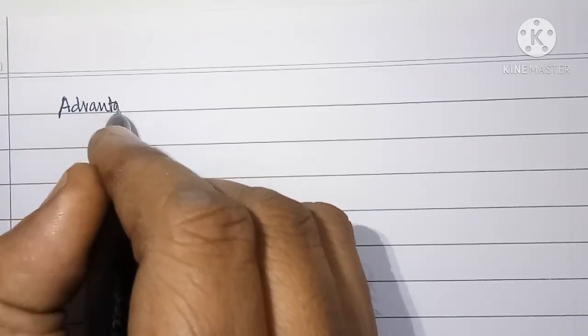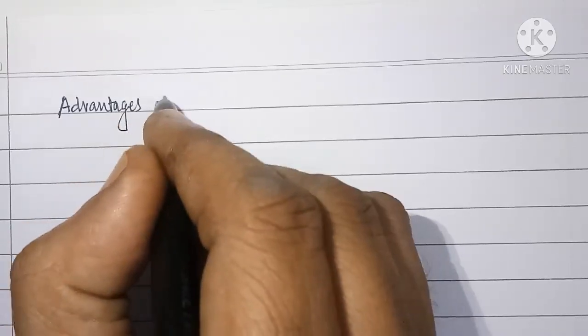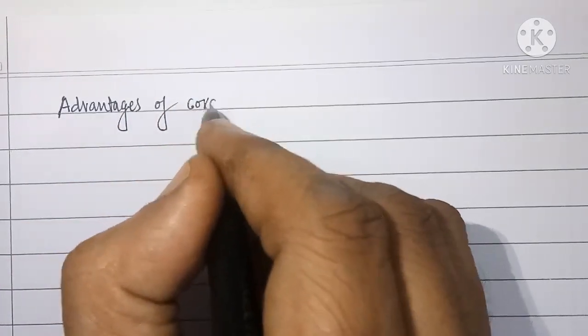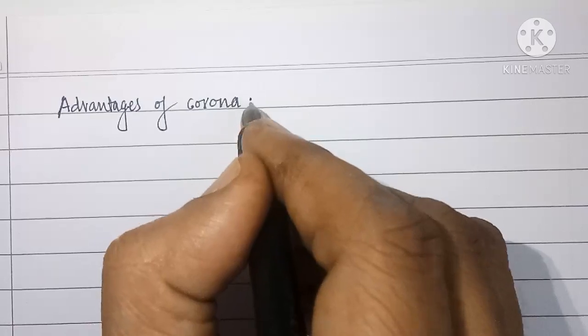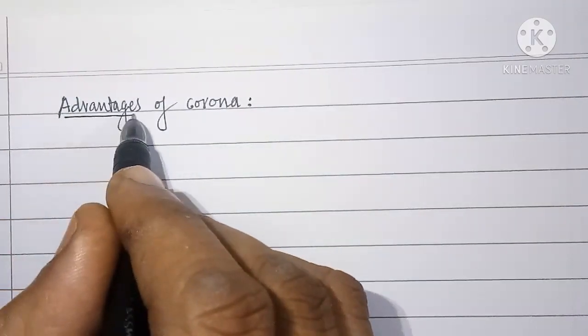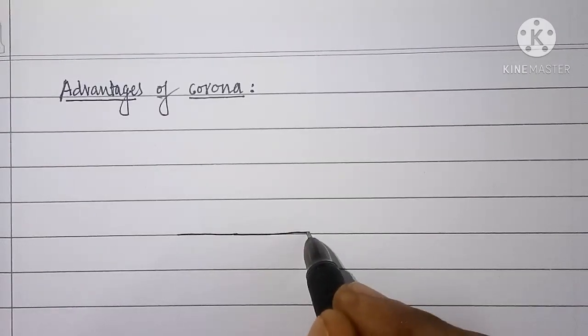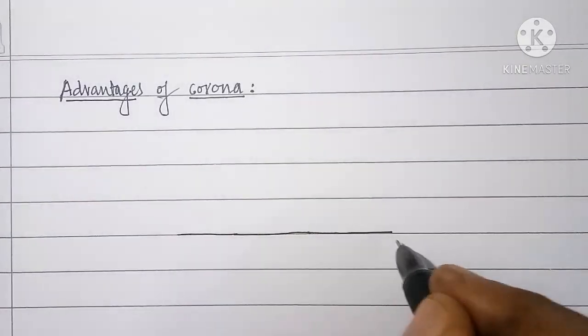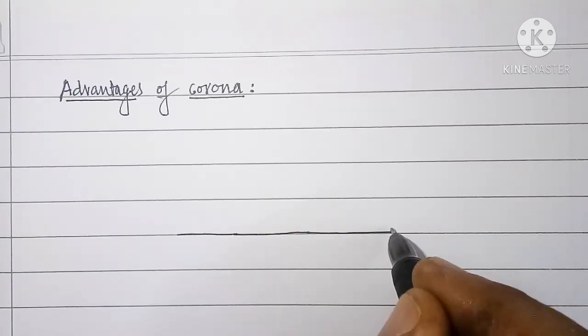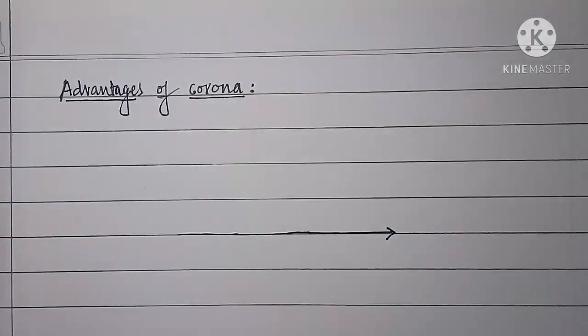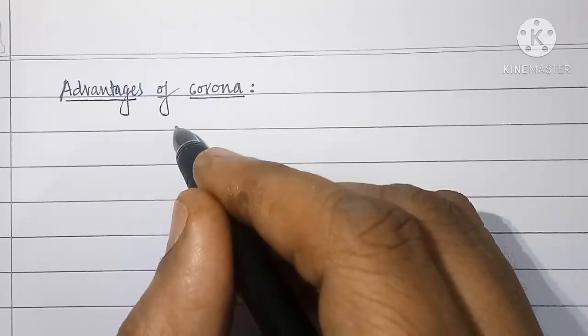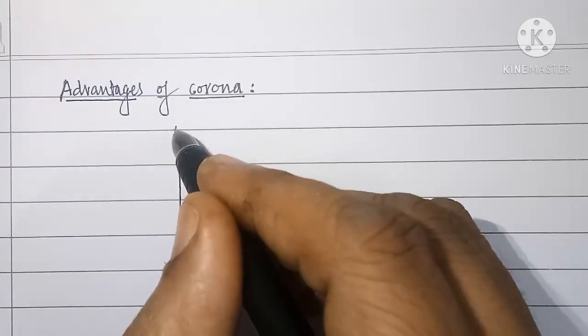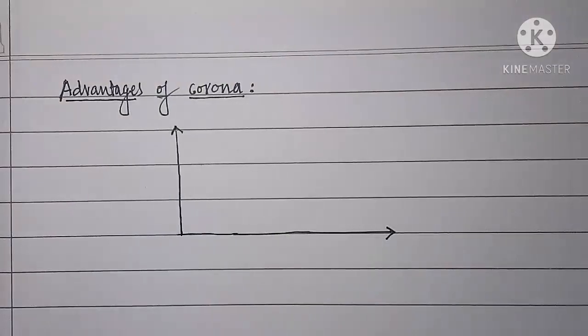Now we will study some advantages of corona loss. See, we can have voltages that increase very slowly or very fast with respect to time.